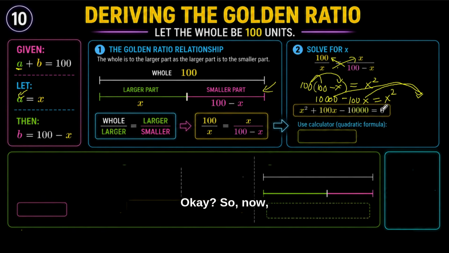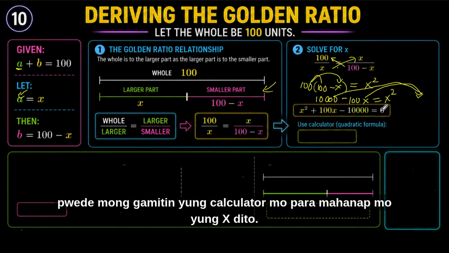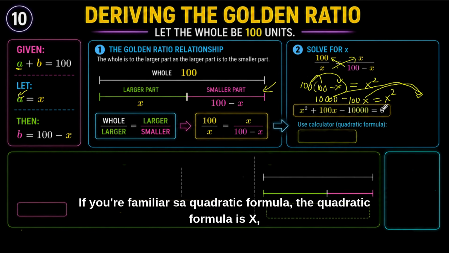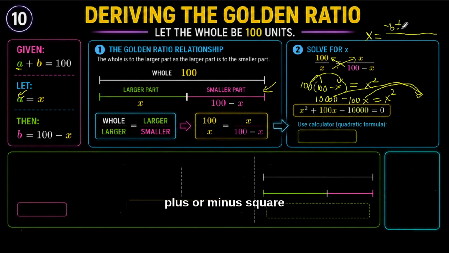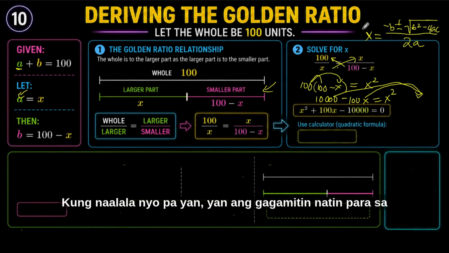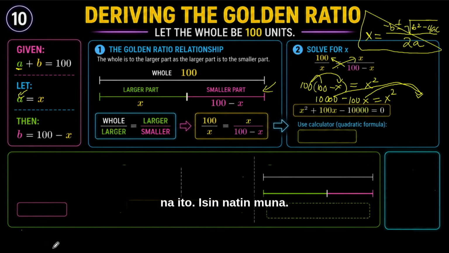Okay? So, now, pwede mong gamitin ng calculator mo para mahanap mo yung x dito. If you're familiar sa quadratic formula, the quadratic formula is x equals, kung naalala nyo pa to, negative b plus or minus square root of b squared minus 4ac over 2a. Kung naalala nyo pa yan, yan ang gagamitin natin para sa part na to.